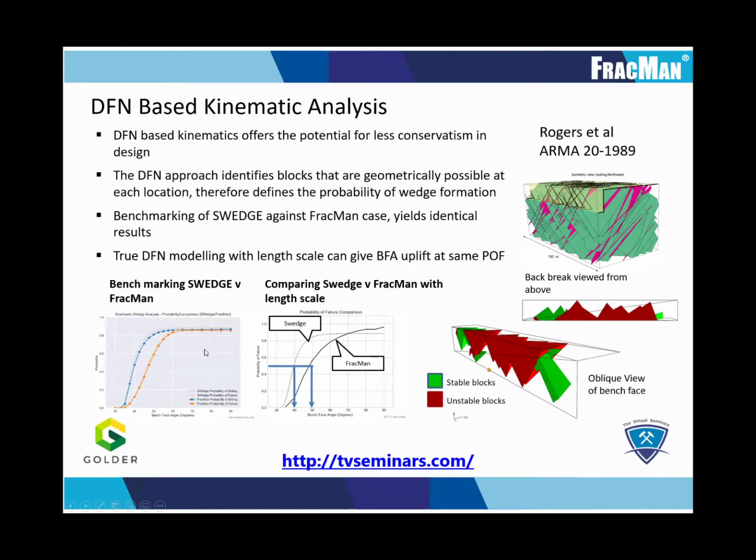However, when we carry out the same analysis using a true DFN model, we see that there is an increase in recommended bench face angle of approximately 8 degrees for the same probability of failure as seen in this right-hand graph. Again, this is because we are considering the probability, not the possibility of failure.